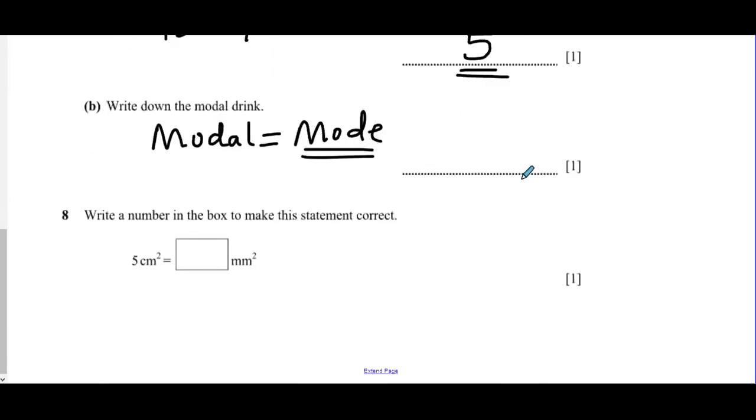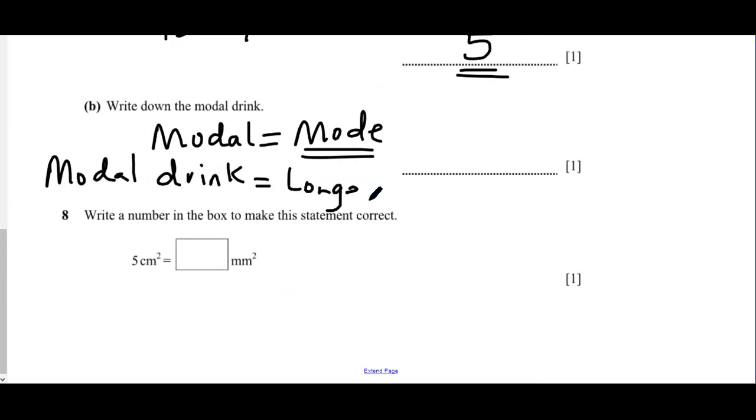So here, write down the modal drink. The modal drink is the drink which appears to have the longest rectangle.